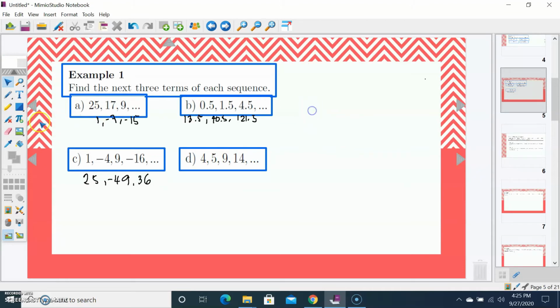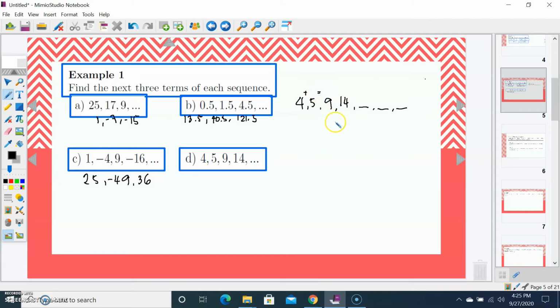So, let's rewrite the given sequence. So we have 4, 5, 9, 14, and then the next three terms. If you take a look at the relationship of the terms in the sequence, 4 and 5, if we add these, will give us 9.